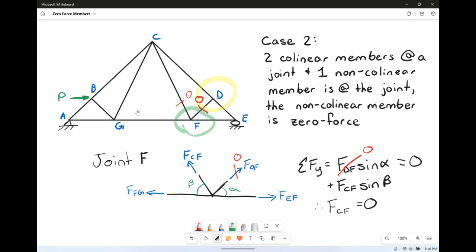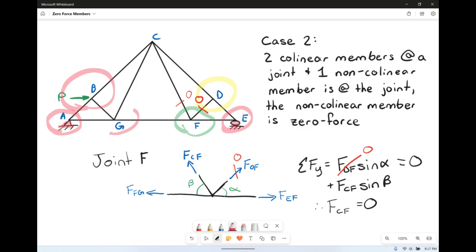Now if you look at joint B, this is not the case. Because we have that external load at B, if you try to do the same trick we did at joint D, it doesn't work. And as far as case 1 goes, joint A doesn't work because you have the pin, and joint E doesn't work because you have the roller, and those count as external forces.